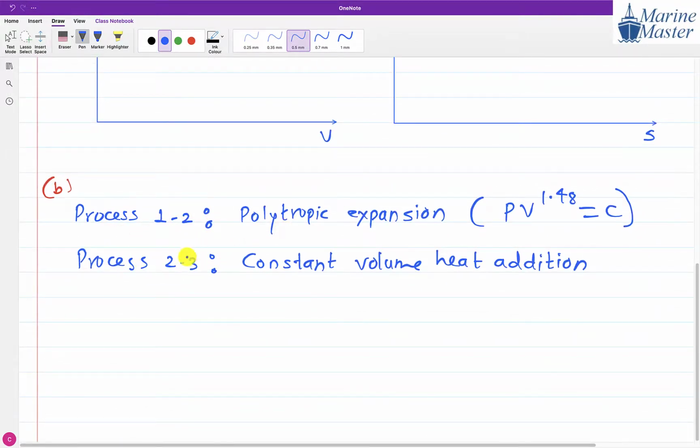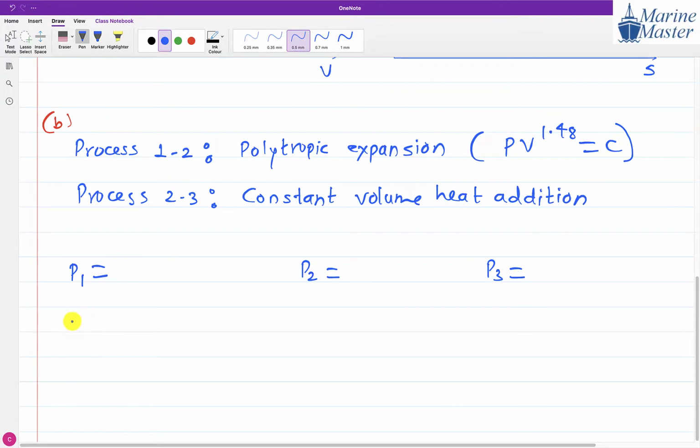Two processes means we have 3 states. So for the 3 states we are going to write down the properties, and for that purpose we are going to form a table: P1, P2, P3, then T1, T2, T3, and then V1, V2, V3. In this way we are going to form a table.